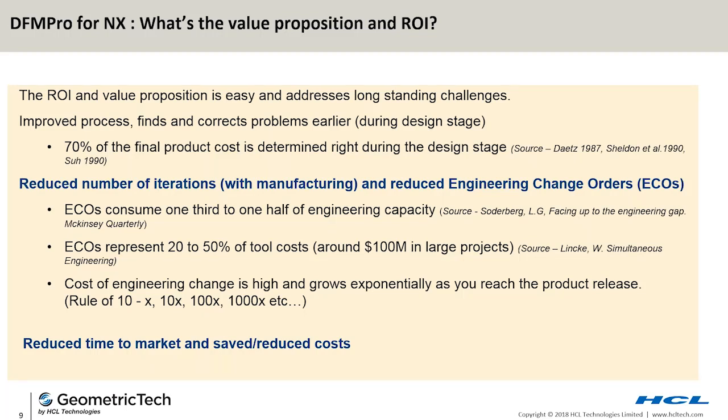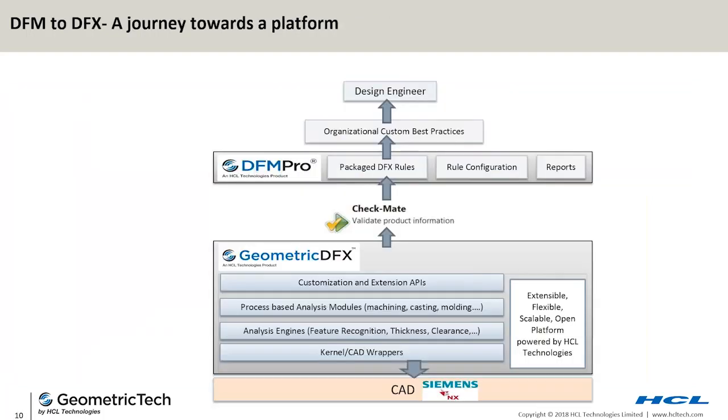So I think the first important thing to understand is the value proposition, and ROI is extremely easy to comprehend as it addresses long-standing challenges. What we have seen is that 70% of the final product cost is typically determined right during the design stage. So in terms of generating an effective ROI, what you basically need to understand is, what are the typical challenges or problems that you are currently facing?